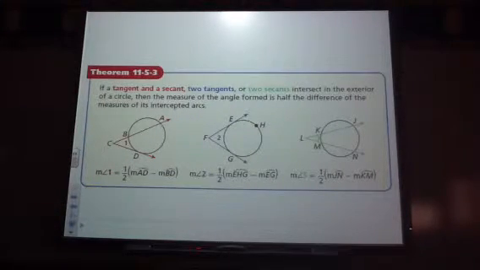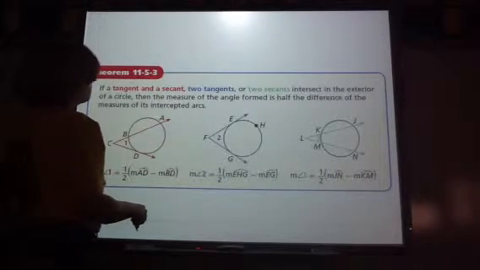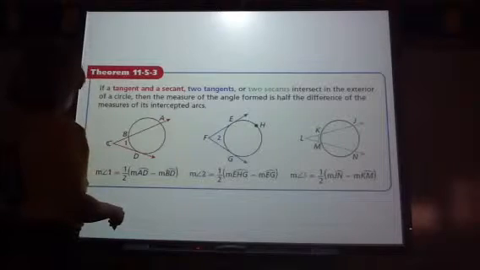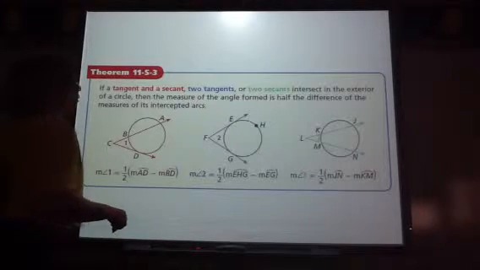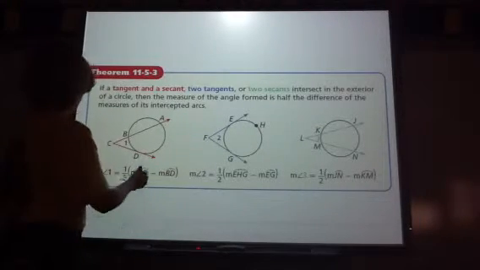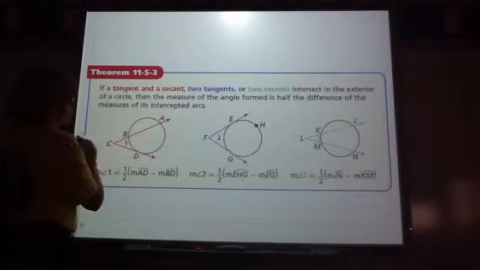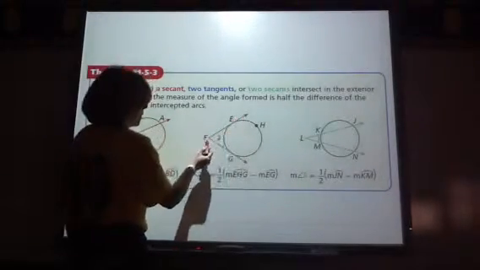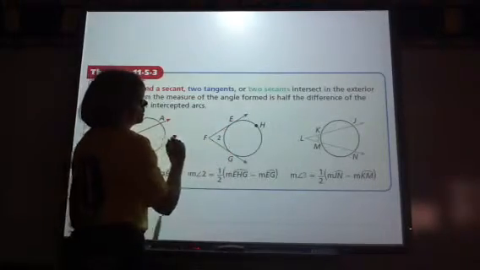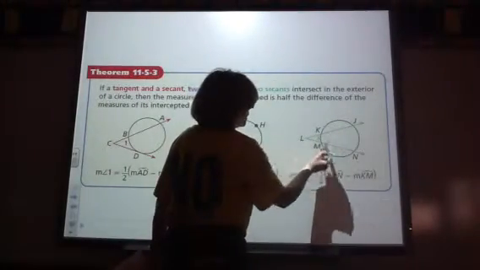If a tangent and a secant, two tangents, or two secants. Okay, here's your tangent, intersects in one point. Here's your secant, goes through. Here's two tangents, intersects in one point. And then here's two secants.